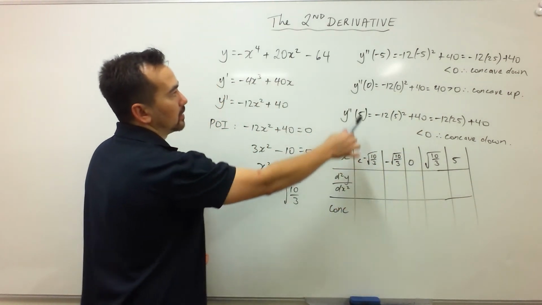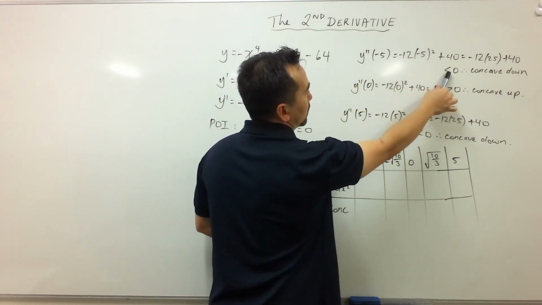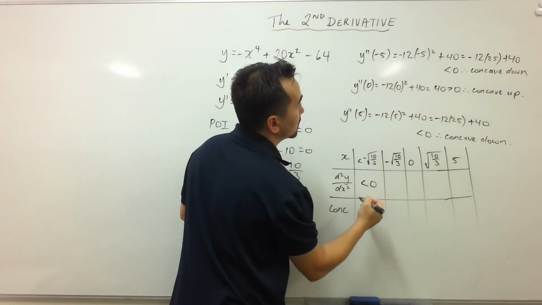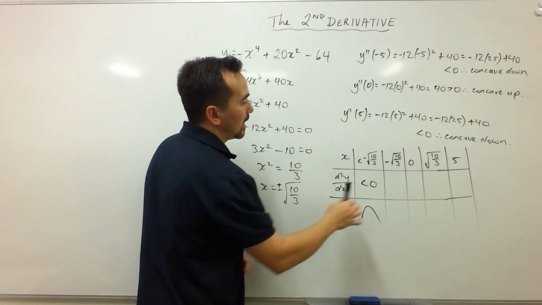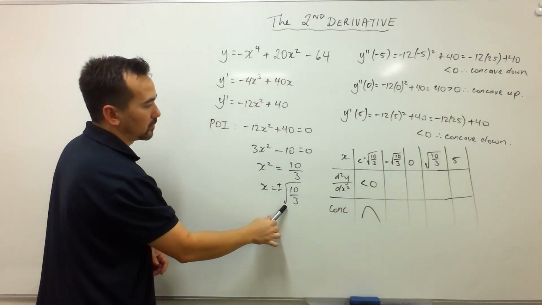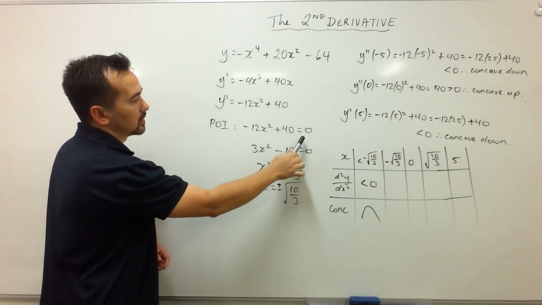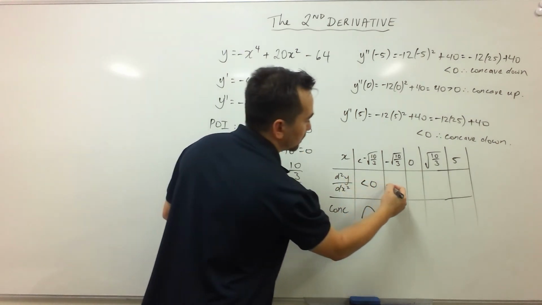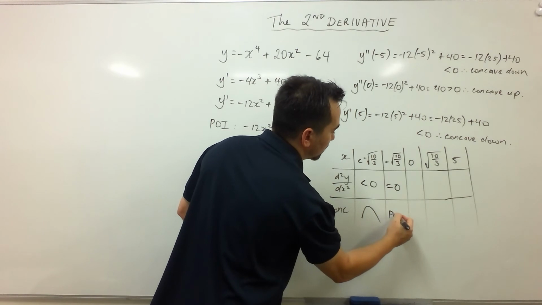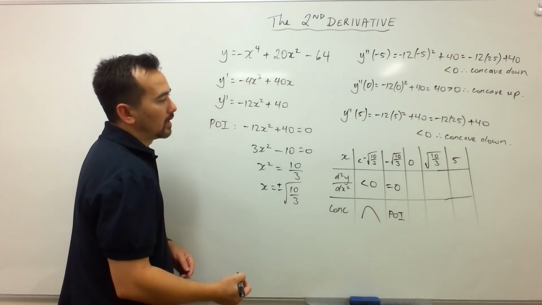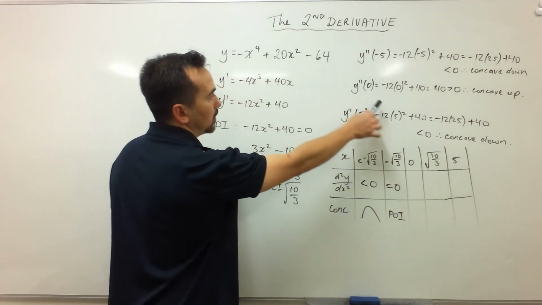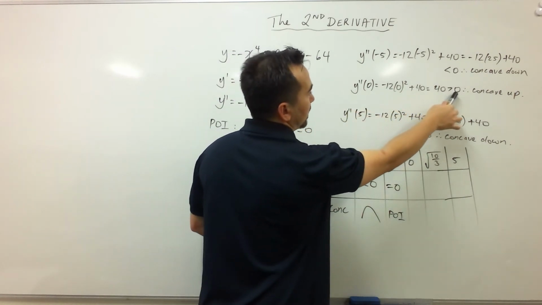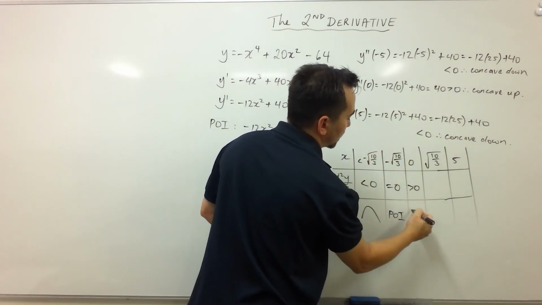To the left, which was this one here, we found that it was less than 0 and it was concave down. At negative root 10 on 3, we found that the second derivative was equal to 0 and we had a point of inflection. Then at x equals 0, we found that it was greater than 0 and it was concave up.